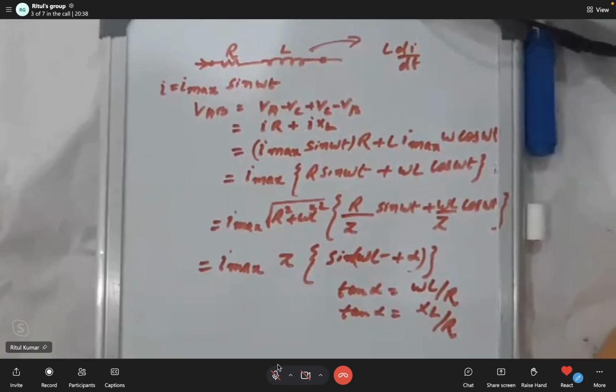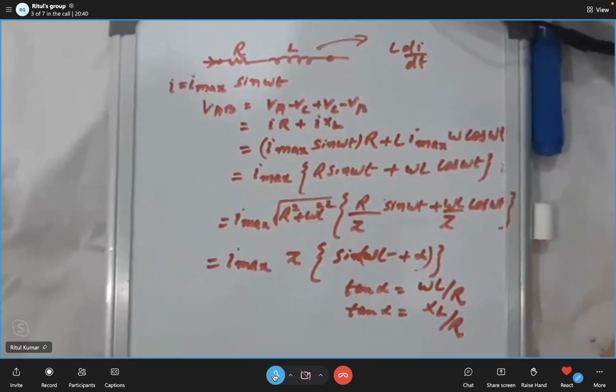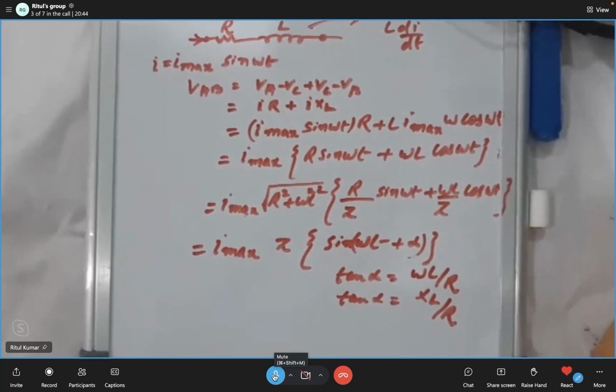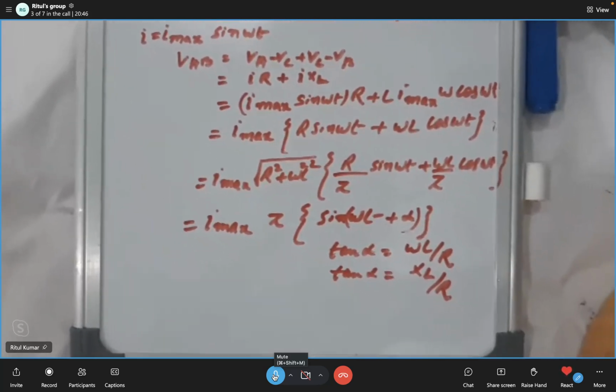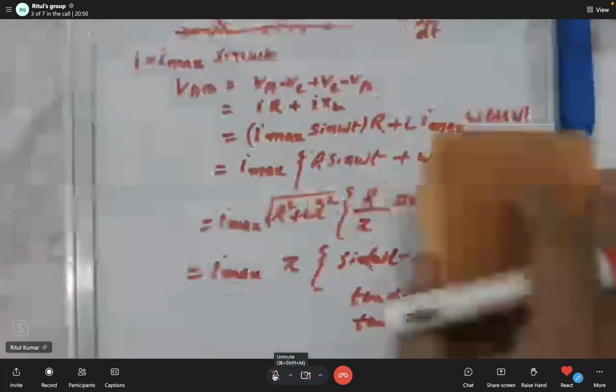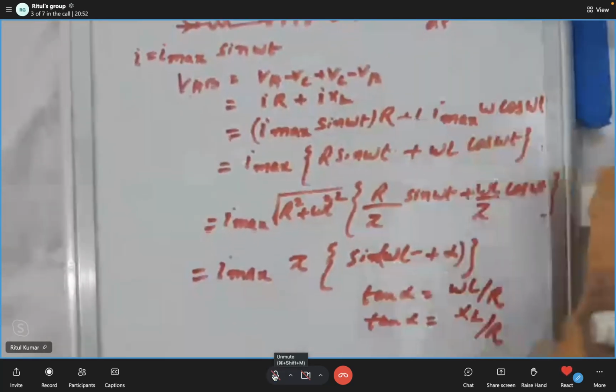Just drawing a parallel will get you there. Instead of L dI by dt, what you have to place, you are aware of it. There'll be a minus sign, I presume. Between the two, there is going to be a minus sign, right?